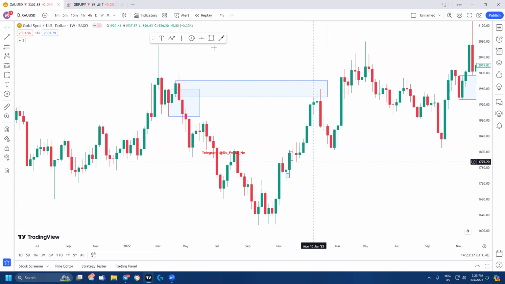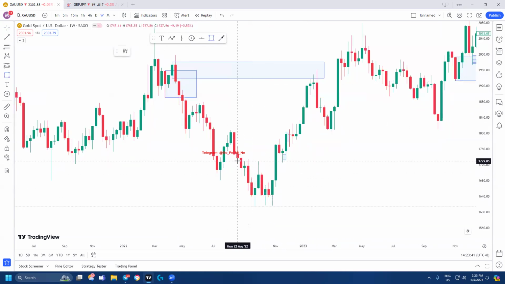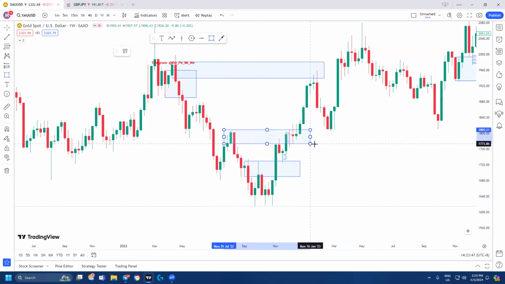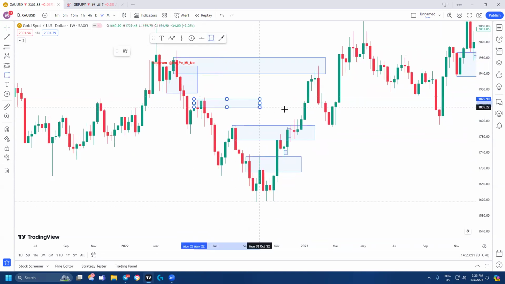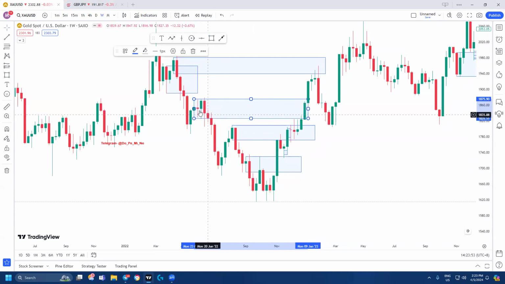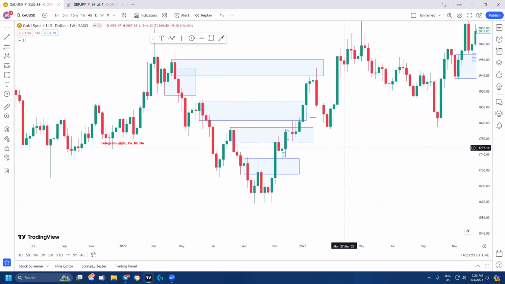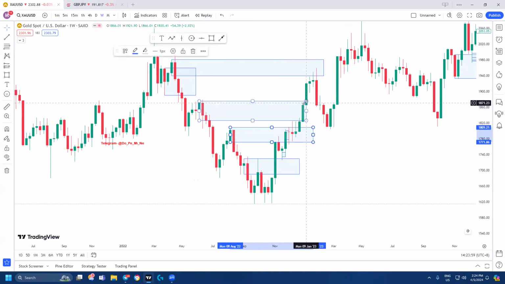So if like this, you see this one, a lot of EF. Okay, so the price has already broken these three engulfing.